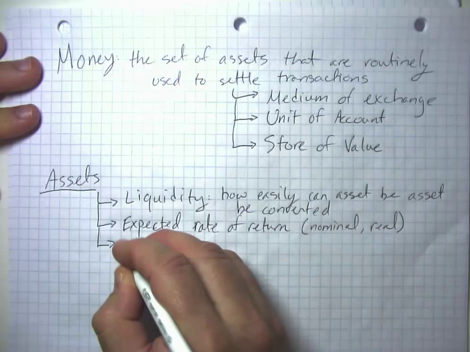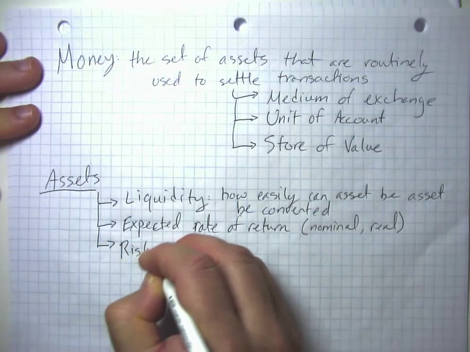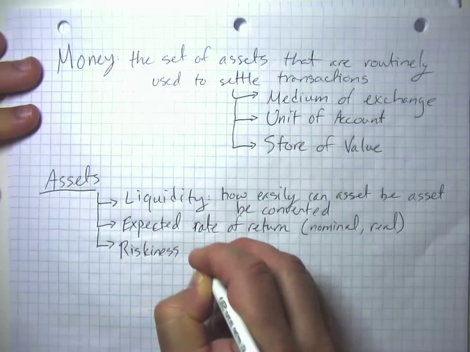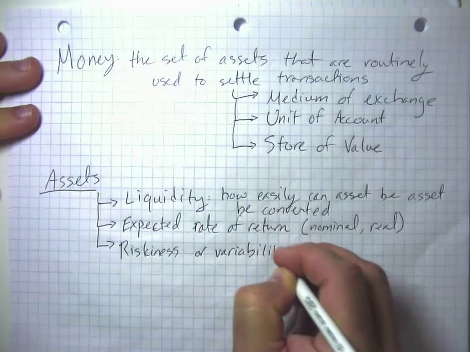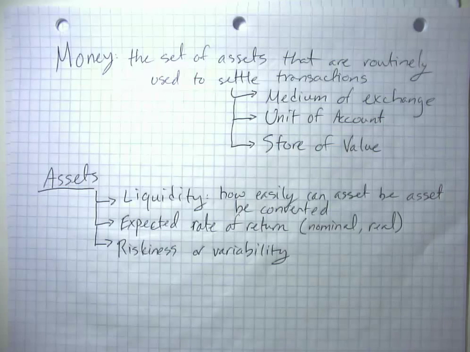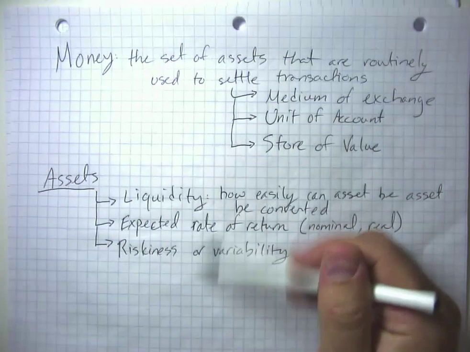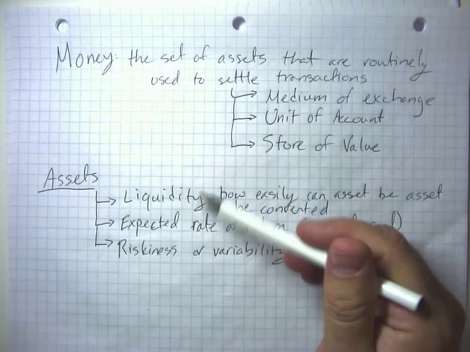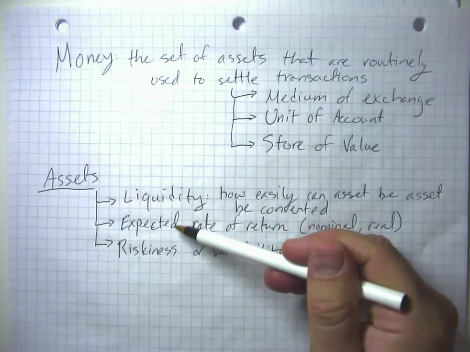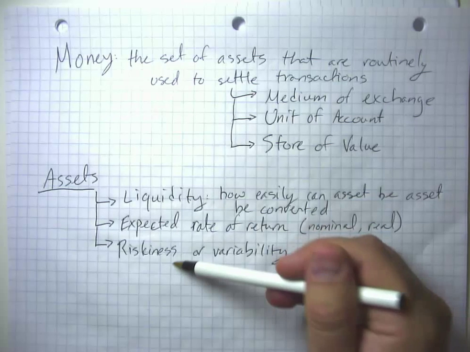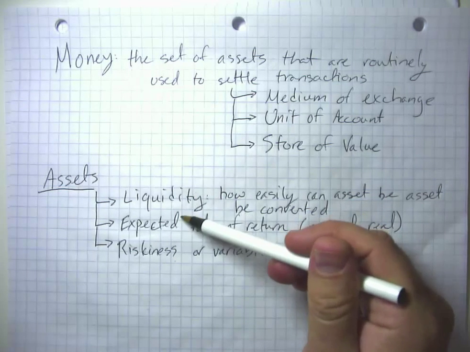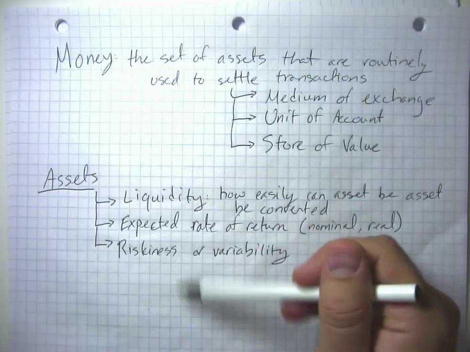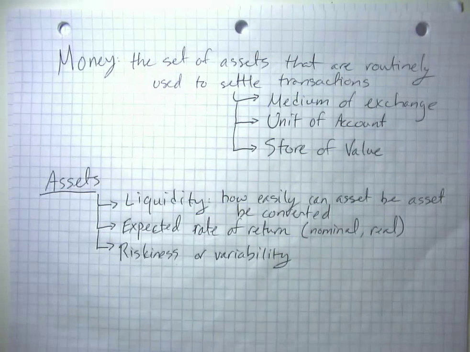And then the last thing here is its riskiness or variability. How uncertain is that rate of return? So different assets perform well or badly on some of these dimensions. It's rare that an asset is highly liquid and has a really high rate of return, and it's really low risk. Usually an asset performs well on one of these characteristics, but not so well on the other characteristics.